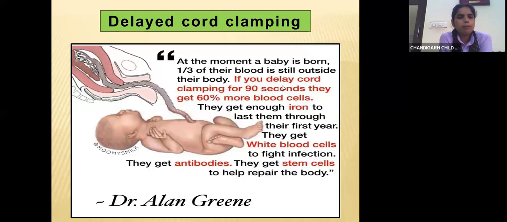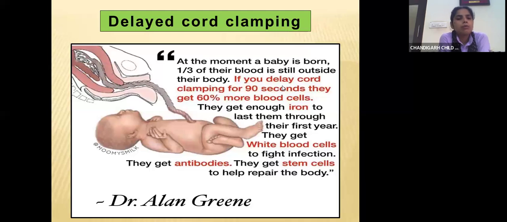Second, it gives iron to the baby till 1 year of life, so the baby has no iron deficiency problem, and it gives white blood cells to the baby in excess, which helps the baby fight infection, because sepsis is a major cause of death. So it prevents the baby from any type of sepsis.